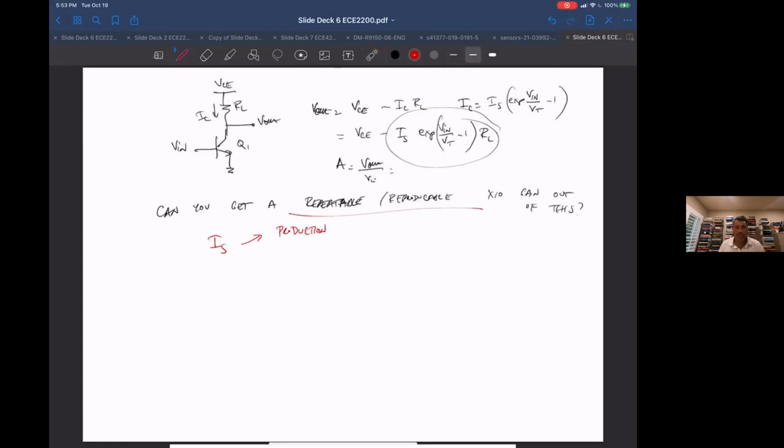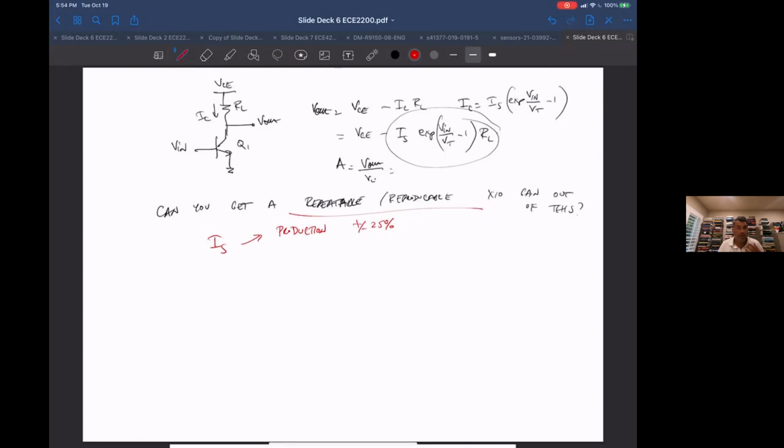None of their I sub S's are going to be exactly the same. They might vary by plus or minus 25% or more, under the same conditions. They're just producing the stuff, and there are variations in I sub S. They just can't control it too closely.